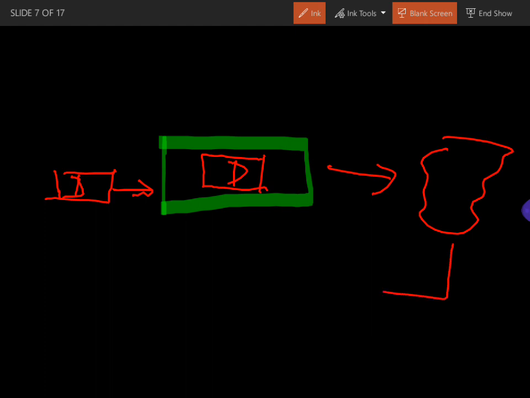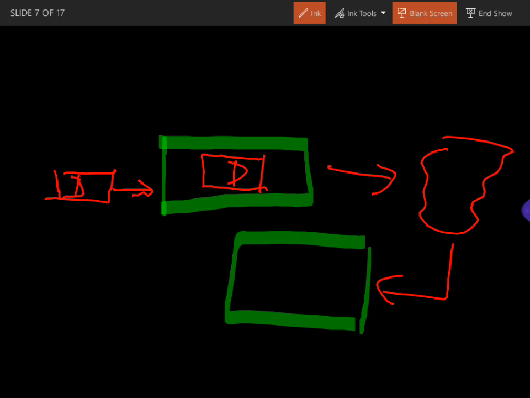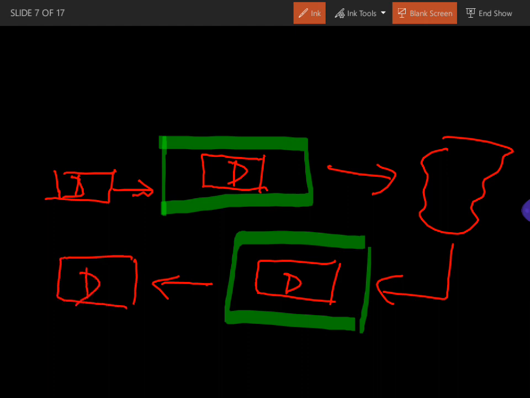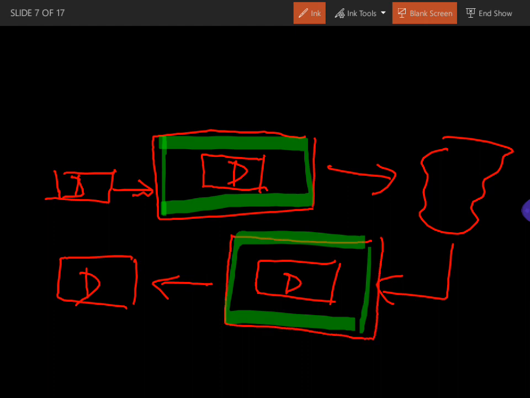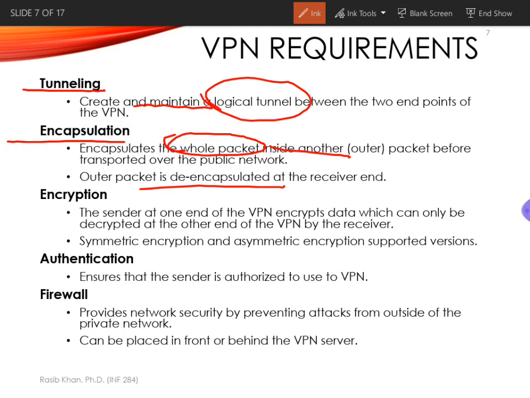Eventually, when it is received by the destination, the destination would then take the data out from the encapsulation and receive the data that it was initially intended to be sent. So this encapsulation over the original data packet that was being sent from the sender to the destination is what creates this effect of the tunneling.